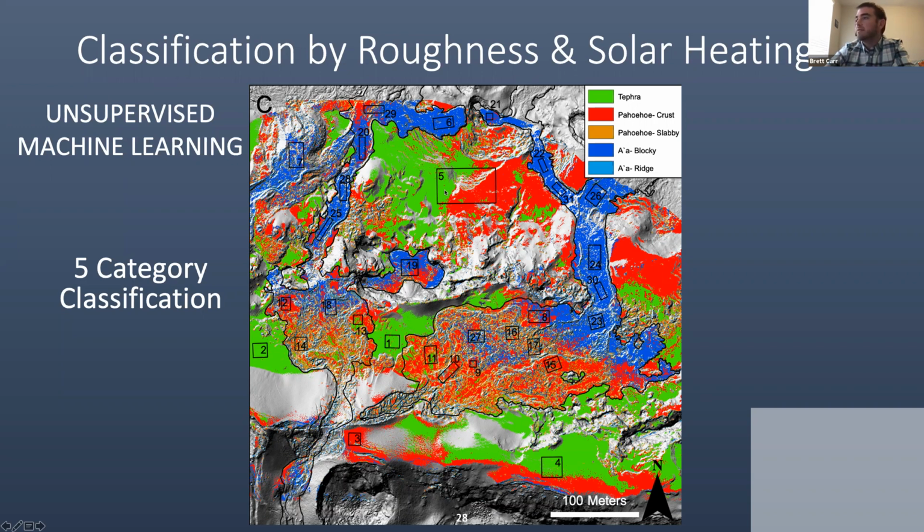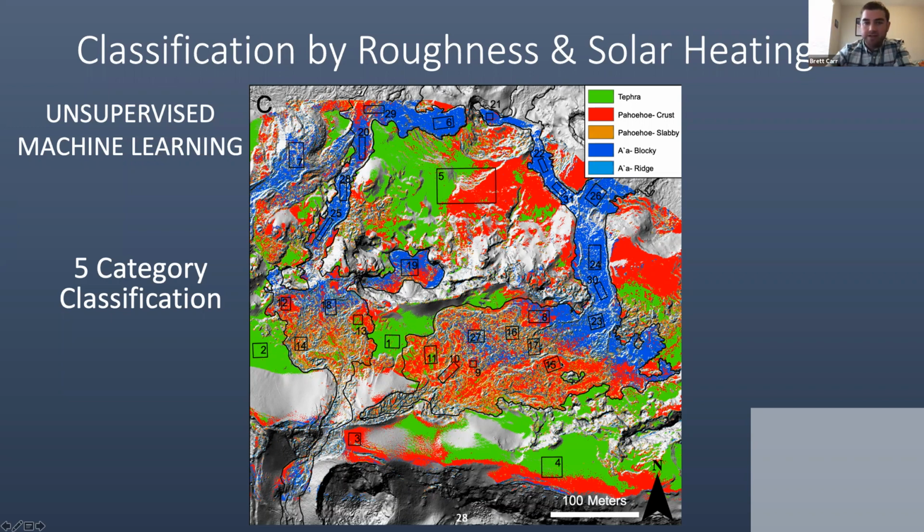So it divides the tephra into 2 regions. It keeps the lava as one solid unit, and then the Pohohoi area is a mix of everything. This classification does identify a lot of the slabby Pohohoi type where it appears. And then the light blue category ends up being edges again.